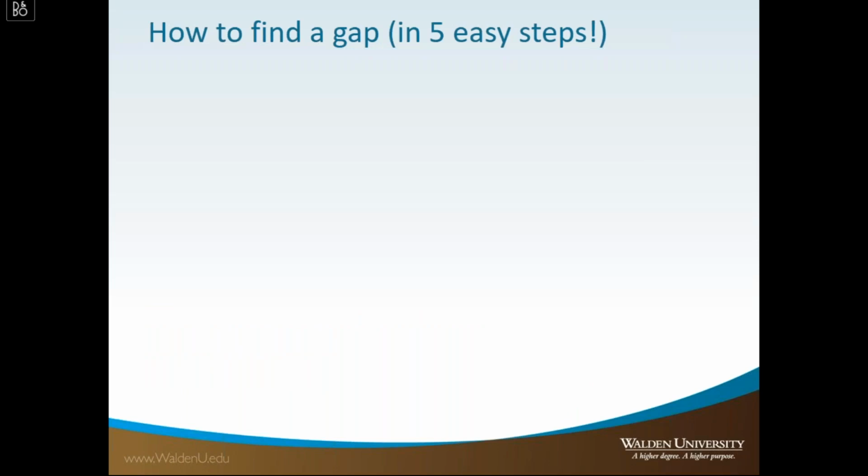So the first thing that we're going to do when we're trying to find a gap in the literature is start with our area of interest. This is a really broad level approach. Let's say, for example, that you work in a school and you work with teenagers a lot, with high schoolers, and you're really passionate about substance abuse problems among teenagers and looking for solutions.